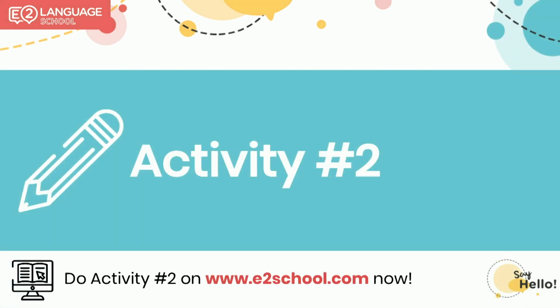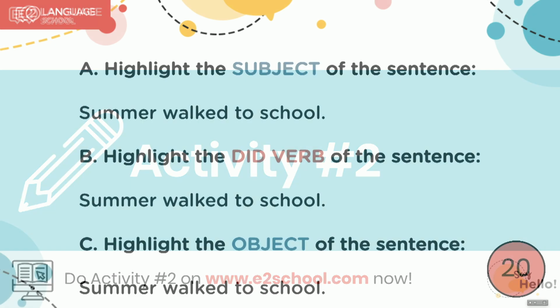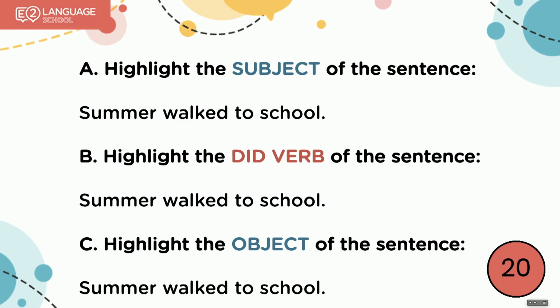Let's do activity 2 on e2school.com. What I want you to do is to highlight the subject, the did verb, and the object of the sentence.